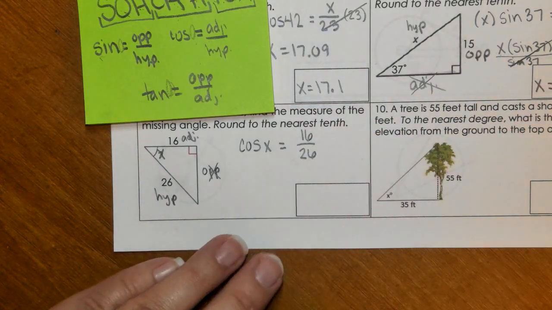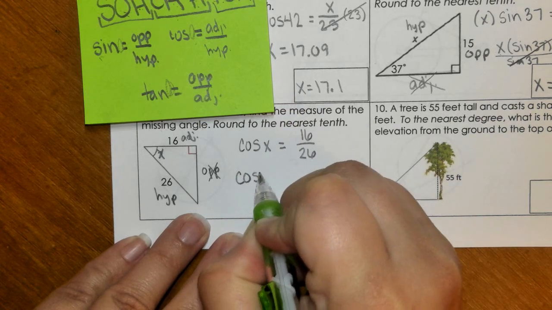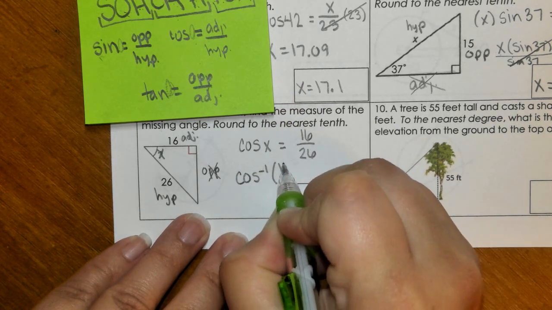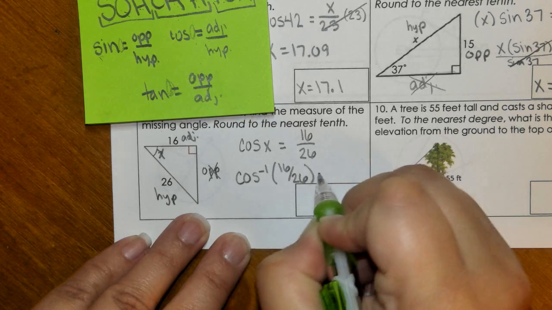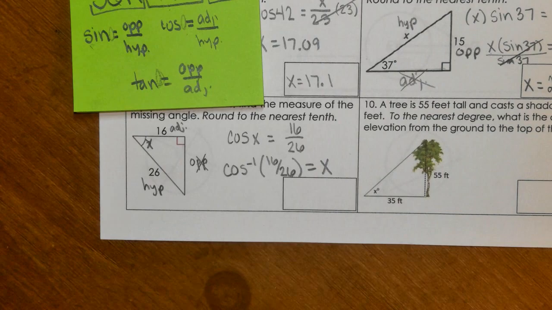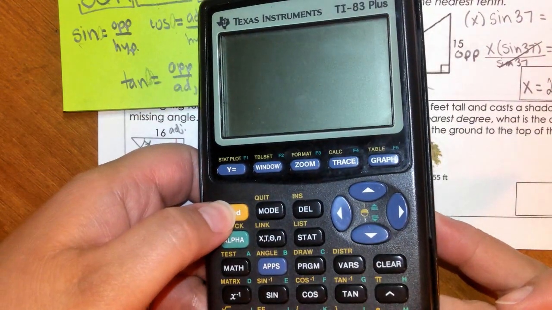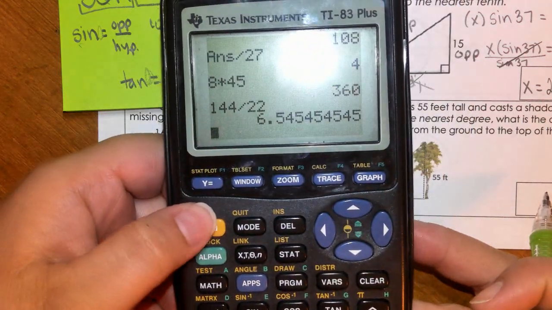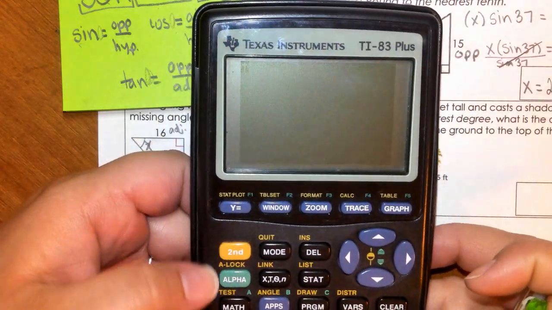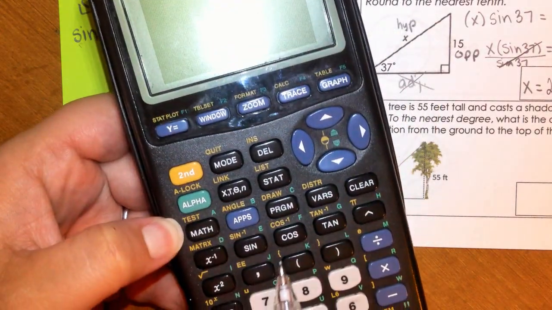And in this problem, when you're trying to find the angle, we use the inverse. So we say cosine inverse of that fraction is going to equal x. So in our calculator like this, we would use the second button. And that would give us that -1. So I did second cosine.